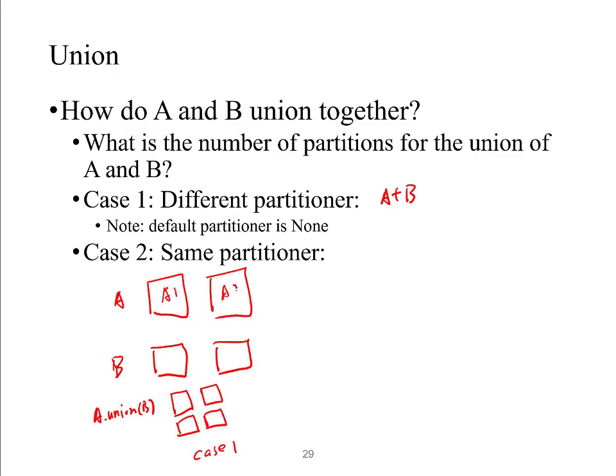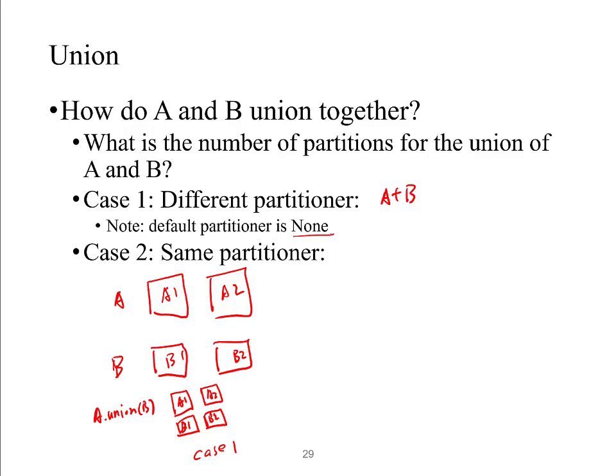Let's say it's A1, A2, and B1, B2. So here would be A1, B1, A2, and B2. Now please note that here the default partitioner is none.